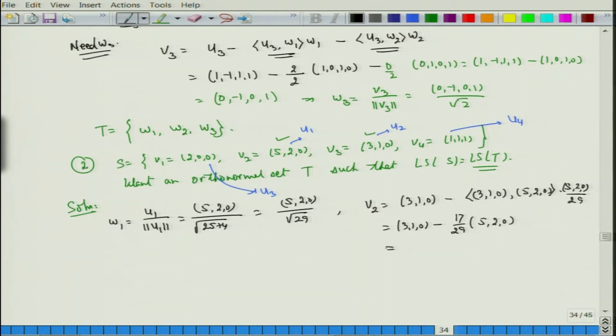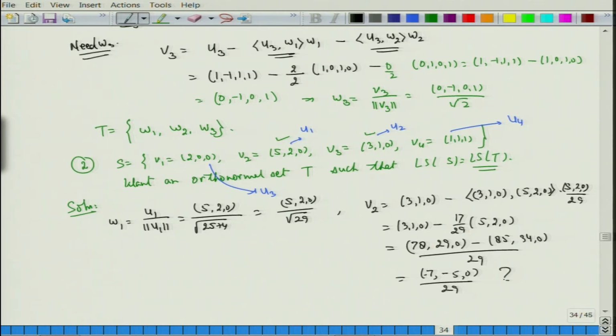This will be (78 minus 85, 29 minus 34, 0) divided by 29, which is (-7, -5, 0) divided by 29. I hope it is correct. Please check it out.